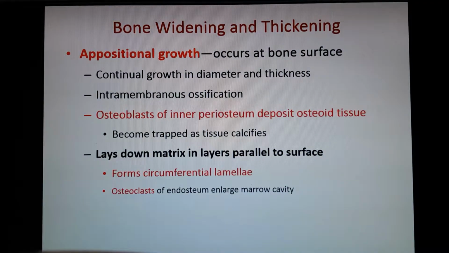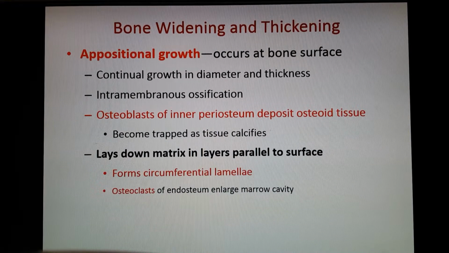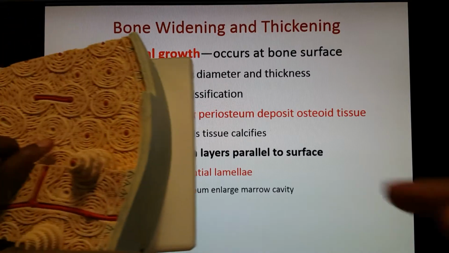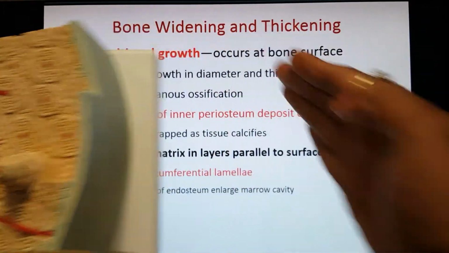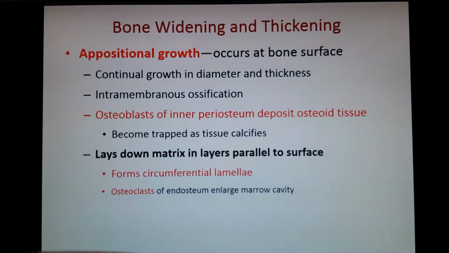Those osteoblasts will continue to build bone, and it's going to make the bones wider. Eventually, osteoblasts get trapped in the lacuna as the tissue calcifies. These osteoblasts will lay down matrix in layers that are parallel to the surface, running through here. So it helps to widen the bones and to form your circumferential lamellae.